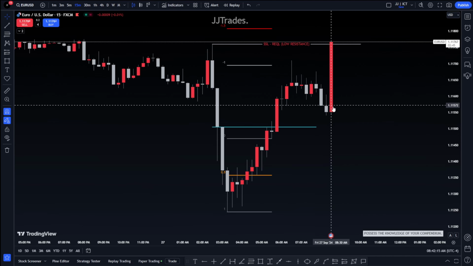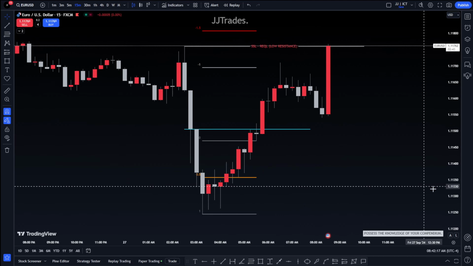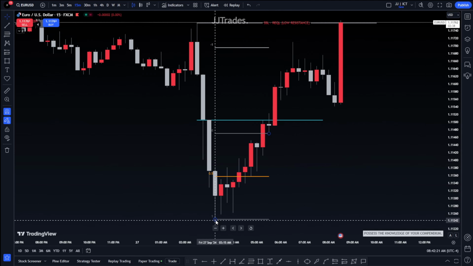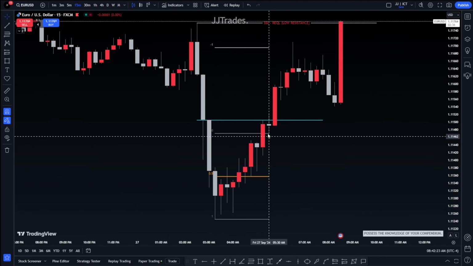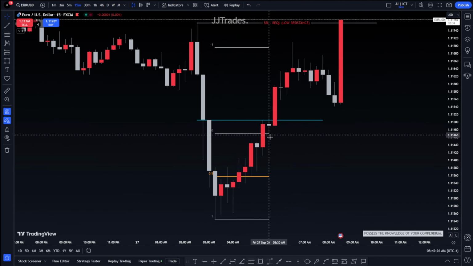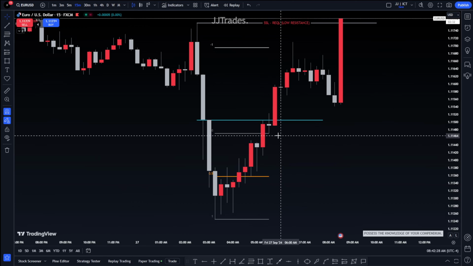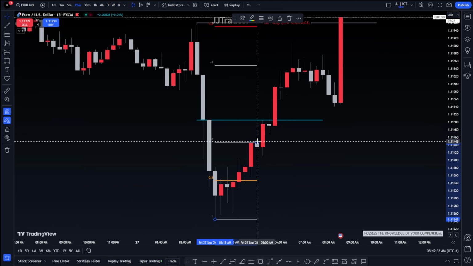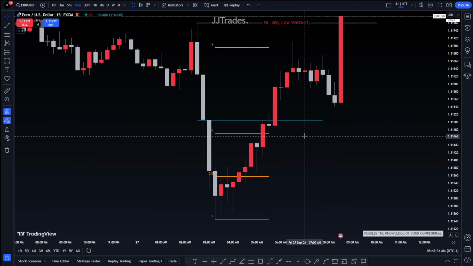I could have taken this trade, but I didn't do it because I wanted to teach you guys. But as you see here, you draw from the low to the high of the measuring gap, all the way to the fill of the measuring gap, okay? Not down here, but all the way over the entire measuring gap, basically.